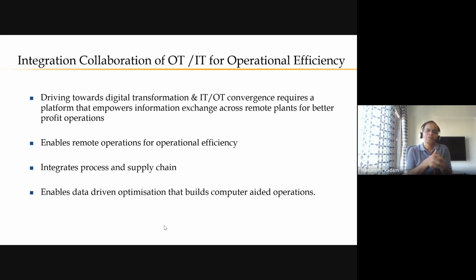It also integrates the process and supply chains. At any point you will know your stock, your plant load, your quality parameters, and the demand in the market for your customer. That supply chain is related to your product, but also to your inventory.